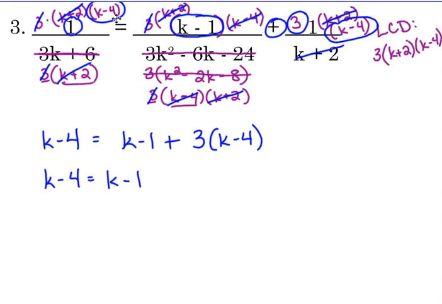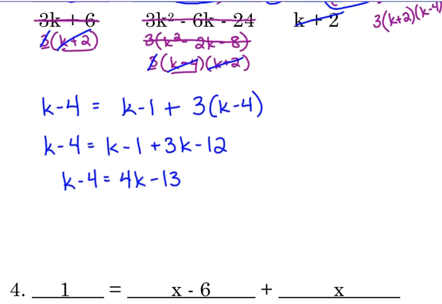So let's simplify, distribute the 3. 3k minus 12. Combine those like terms there on that right side. 4k minus 13. Now we solve for k. Subtract the k from both sides.